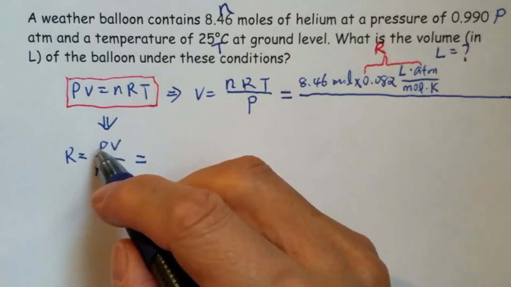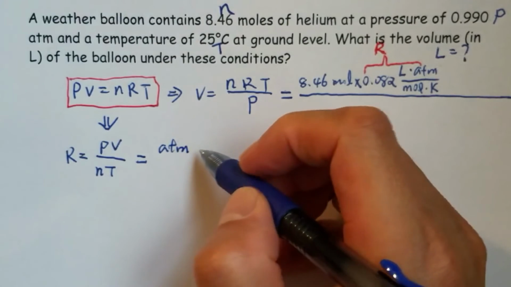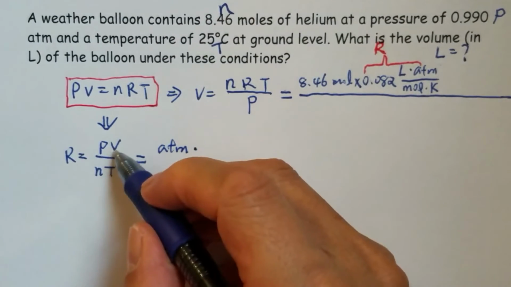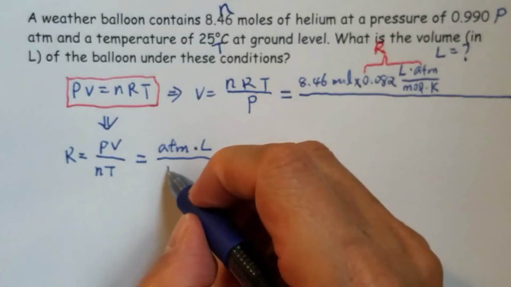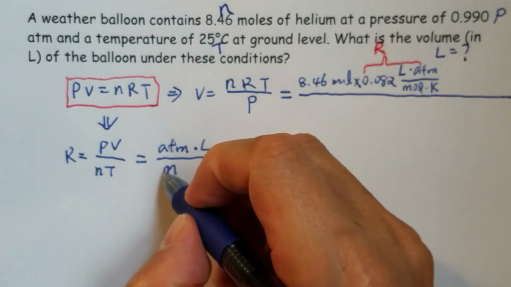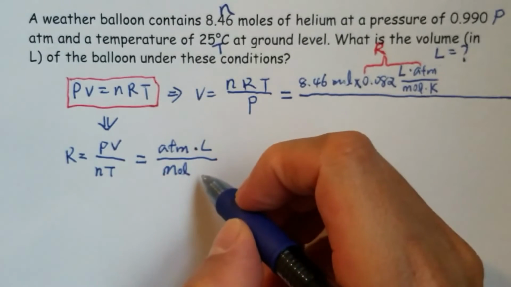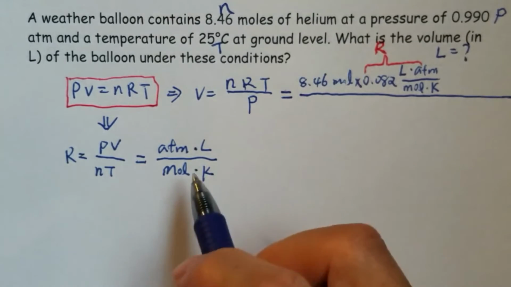In this case, the units should carry volume in liter, and we just go with this order. So pressure should be in atmosphere, and then the volume should be in liter, and the number of moles n should be in mol, and then the temperature should be in Kelvin. And look at that.